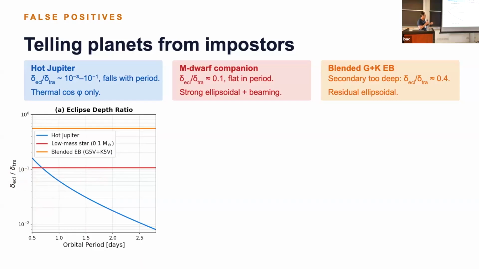So say, for example, we measure a 2-day or even a 1.5-day candidate, and we measure the ratio somewhere here. That allows us to say this is more likely to be a real planet than a false positive. And if we measure it somewhere up here, that can allow us to say this is not likely to be a real planet. This is how I imagine this will work.